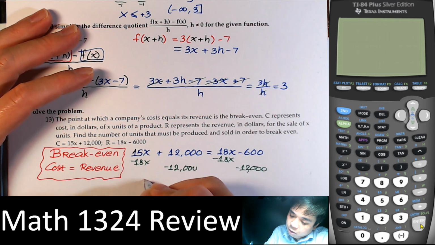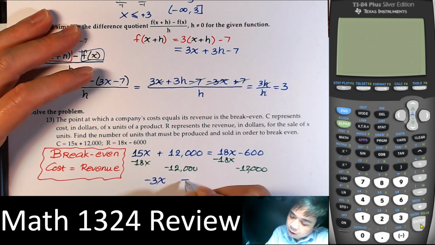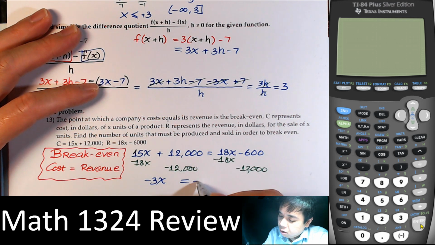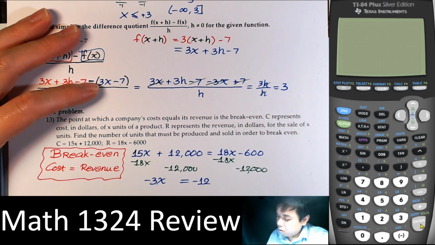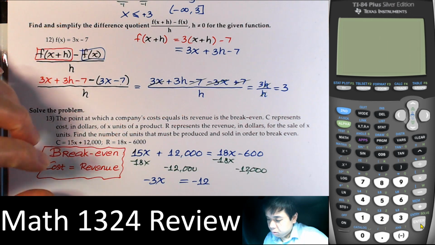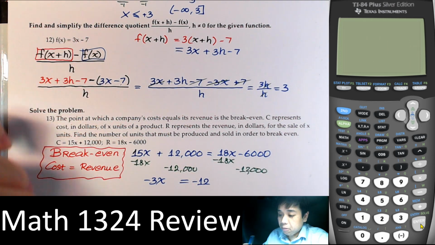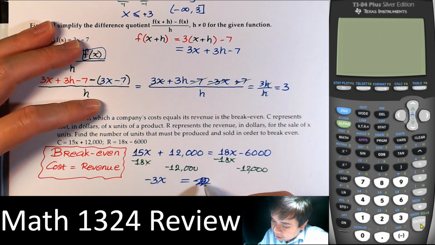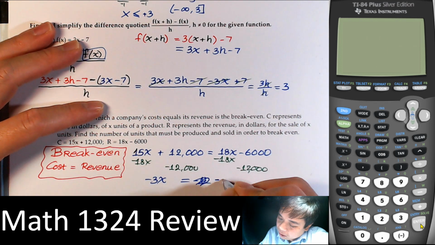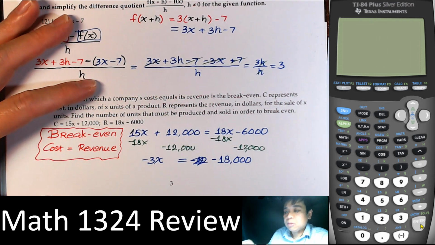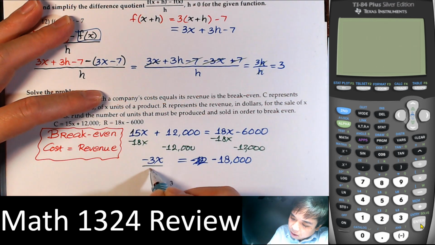So negative 3x equals, sorry, negative 18,000, and divide by negative 3 on both sides.